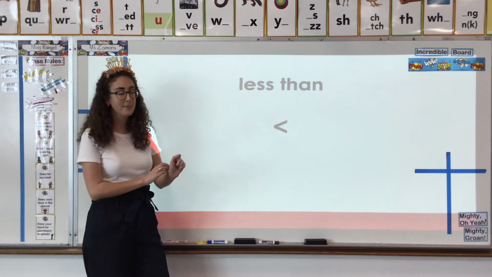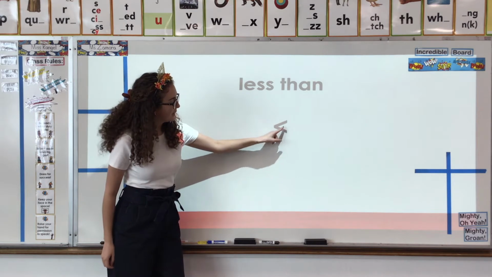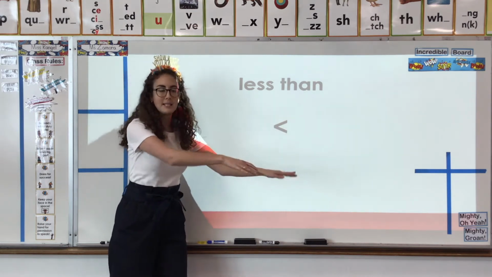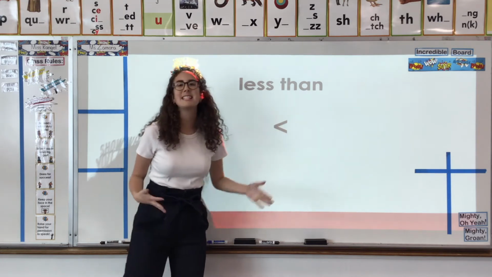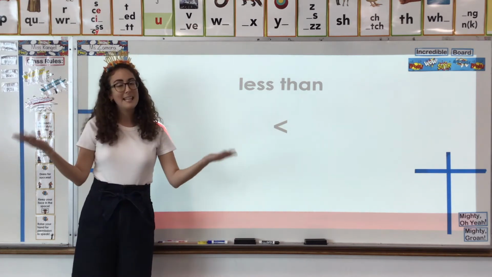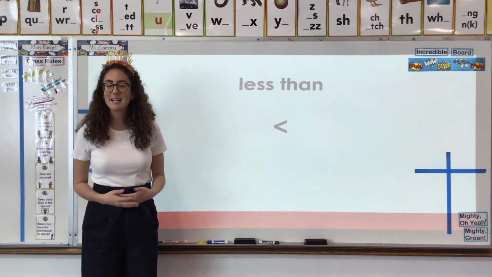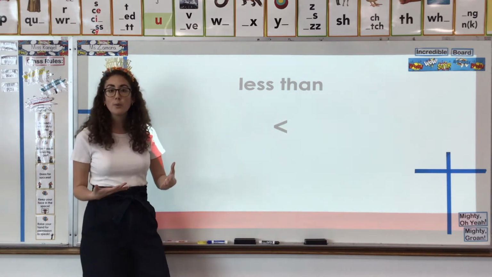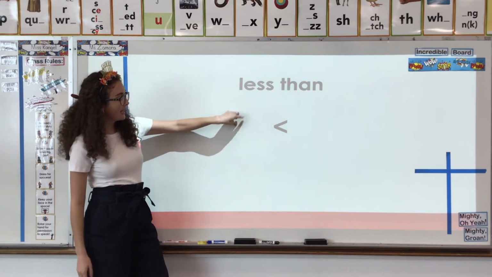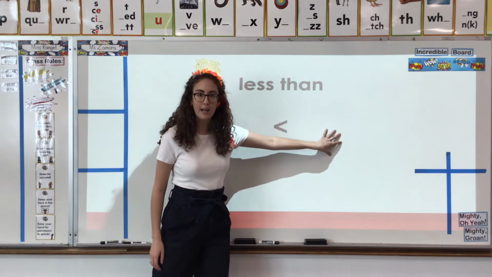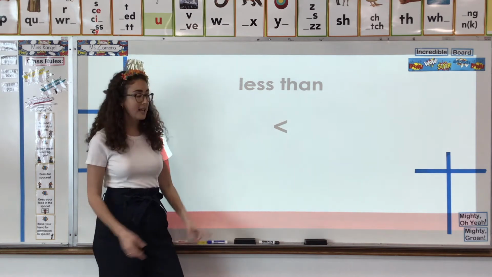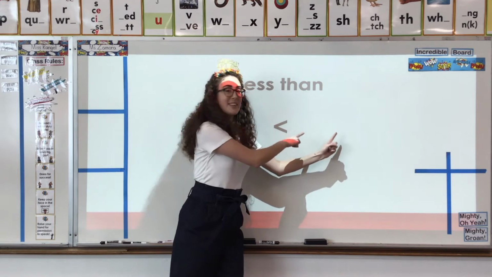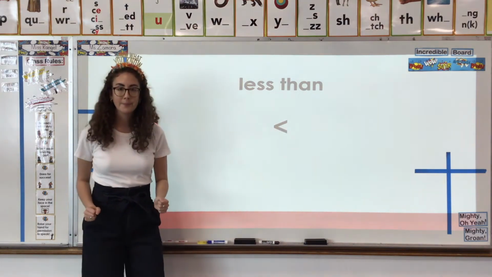For less than, the little opening part of the symbol is going to the right. It's facing the second number. That's because we're always reading our sentences from left to right. And when we're saying a number is less than another, we are saying that this first number is smaller, but the second number is bigger.